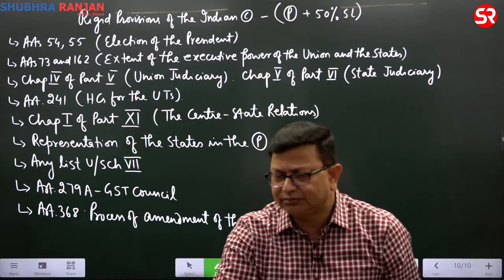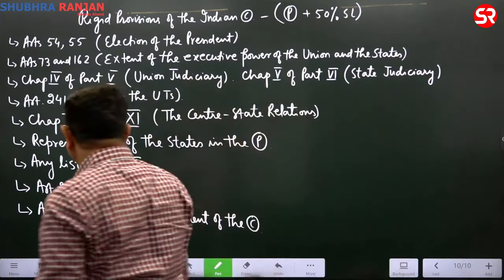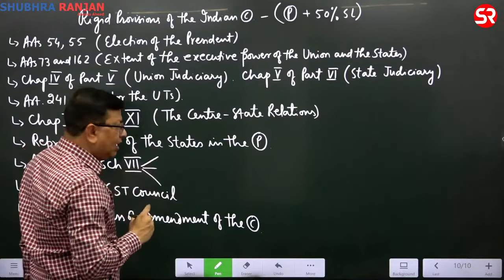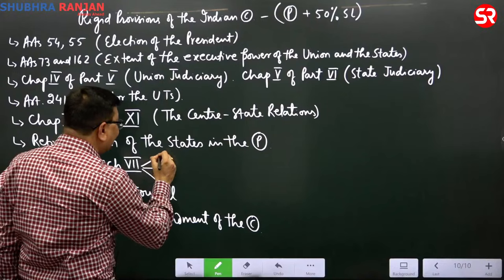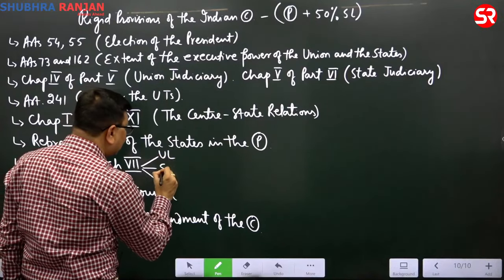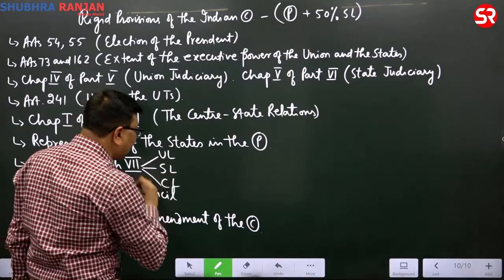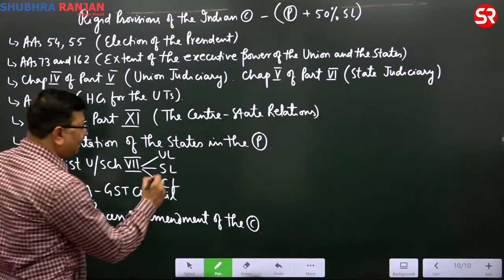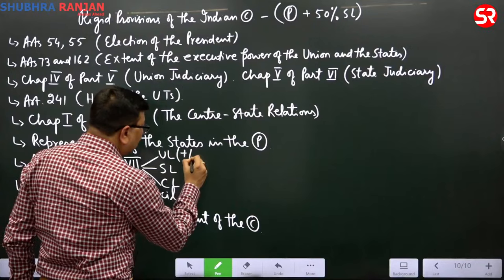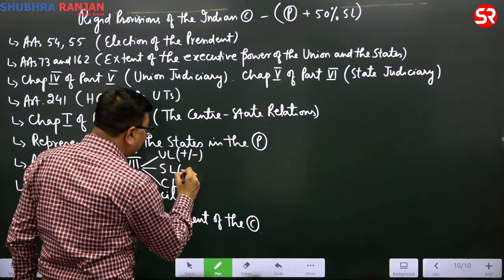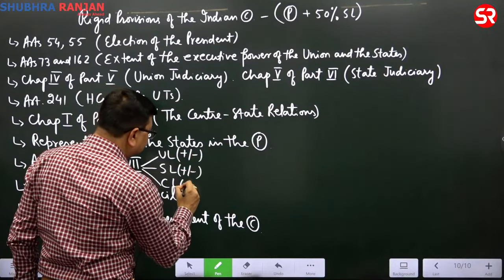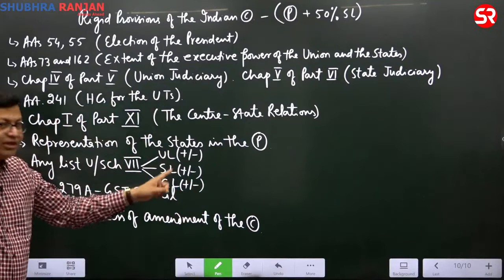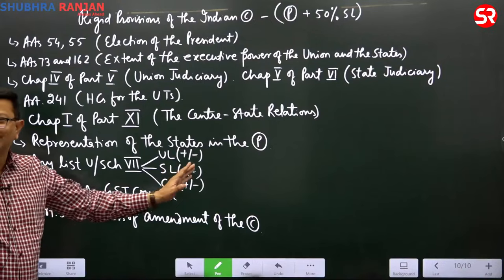Then any list under Schedule 7. In the 7th schedule, we have the union list, state list, and the concurrent list. Here also, no addition or deletion can be made without the consent of the states.